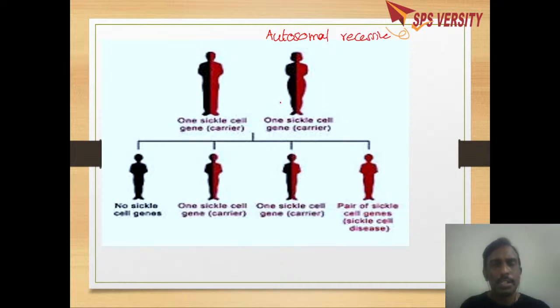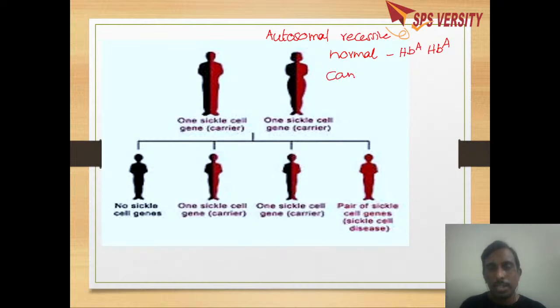How to represent the genotype? A normal individual, that is without sickle cell anemia, is represented by HBA, HBA.